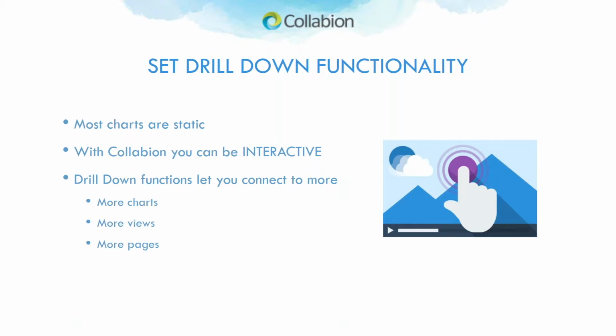If I want to look at a particular month or a particular category of information, I should be able to click in my chart and go to that specific information. The good news with Collabion is you have some options there. I can go to an underlying chart, or to a filter view, or anything I can dream up. The whole point is to make an interactive solution instead of just a static chart.